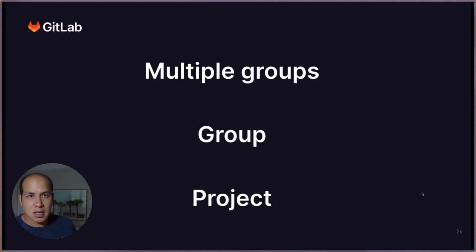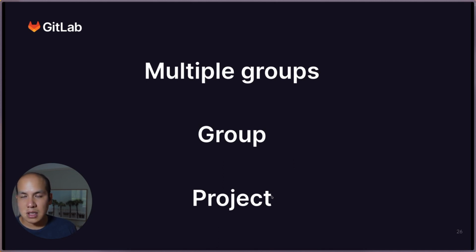So looking at this again, the main direction that we're looking at is that we're solving things at the project level within source code, but from a compliance side, we need to be aware that things could be set at a group level, and that things need to cascade down to projects.